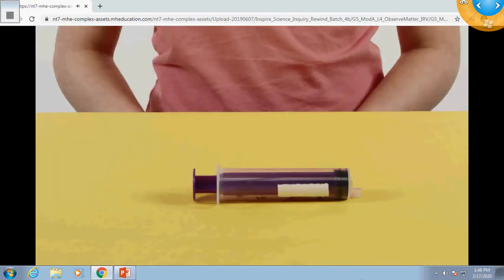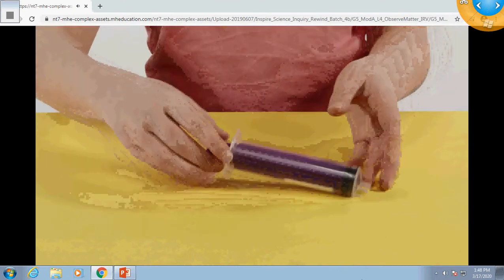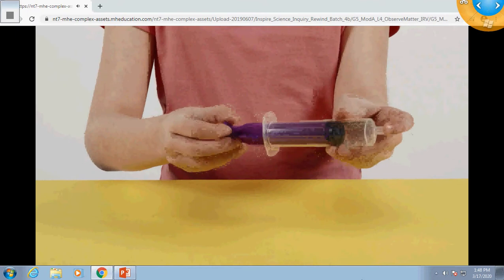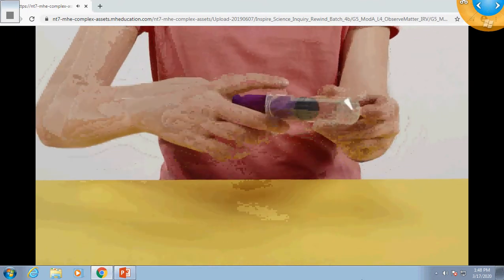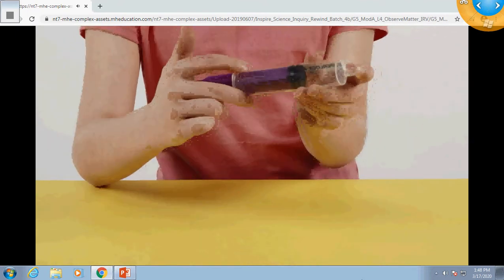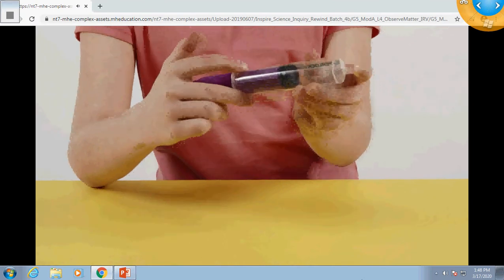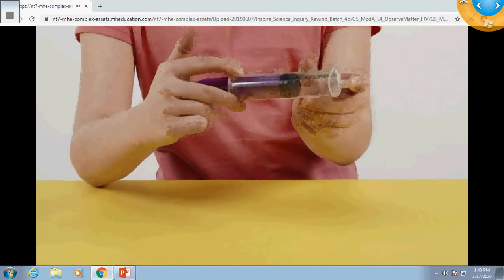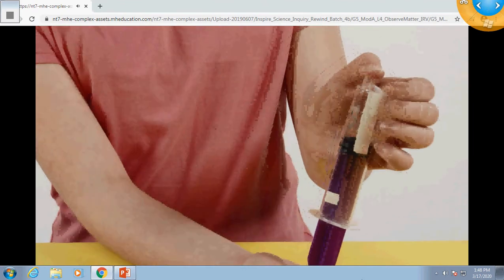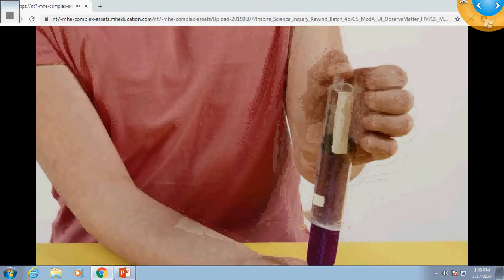Now that you know how to work a syringe, let's continue to Station 1, where you will investigate the shape of air. Pull air into the syringe, and then cover the tip with your finger. Push on the plunger. If you have difficulty reaching the end of the plunger with your finger, then try this. Place your thumb over the tip of the syringe, feeling it. Grip the barrel of the syringe with the rest of your hand.